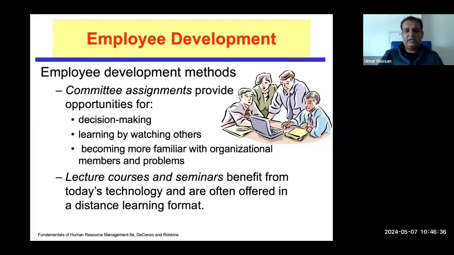There are many modes like committee assignments, group tasks or group projects or short-term projects, which is another very interesting way of learning and development for employees. They can work in groups for a specific period of time, and the group may have people who have not actually worked together with each other earlier.